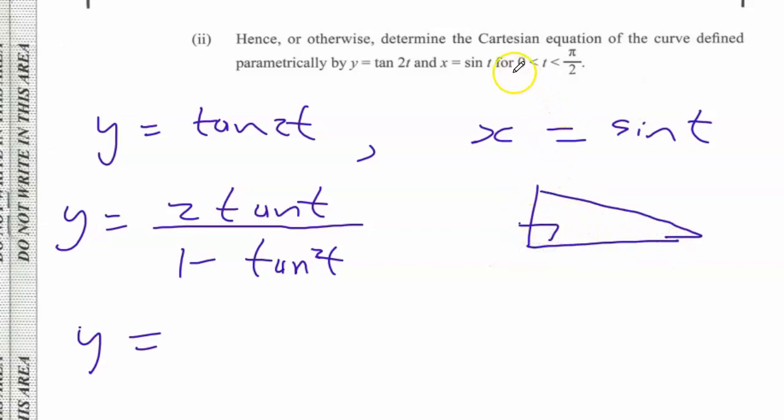So sine t equals x. Let me call this angle t. So sine t is opposite over hypotenuse. So opposite would be x, hypotenuse would be 1, and this would be root 1 minus x squared.